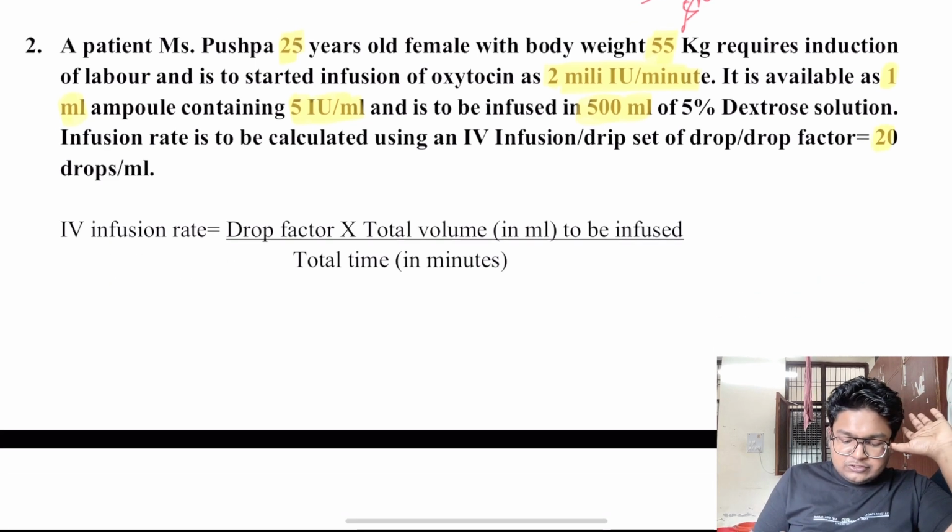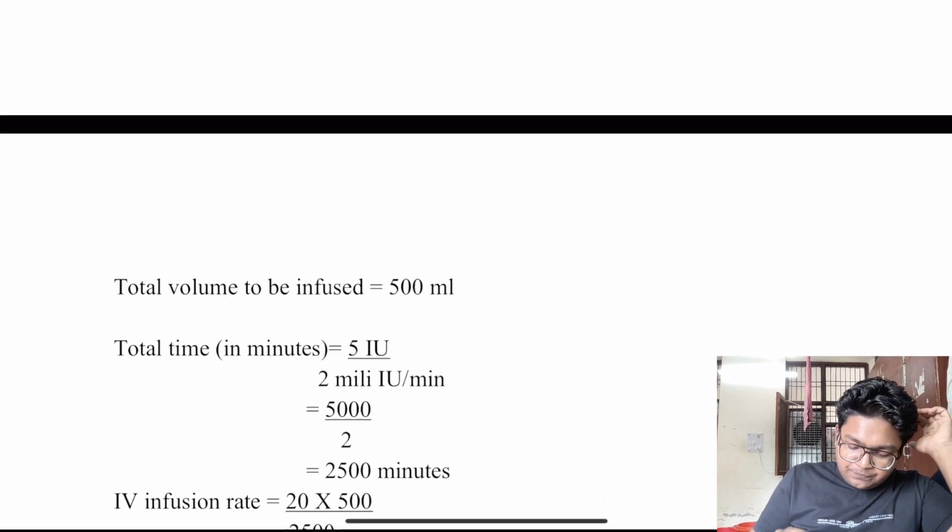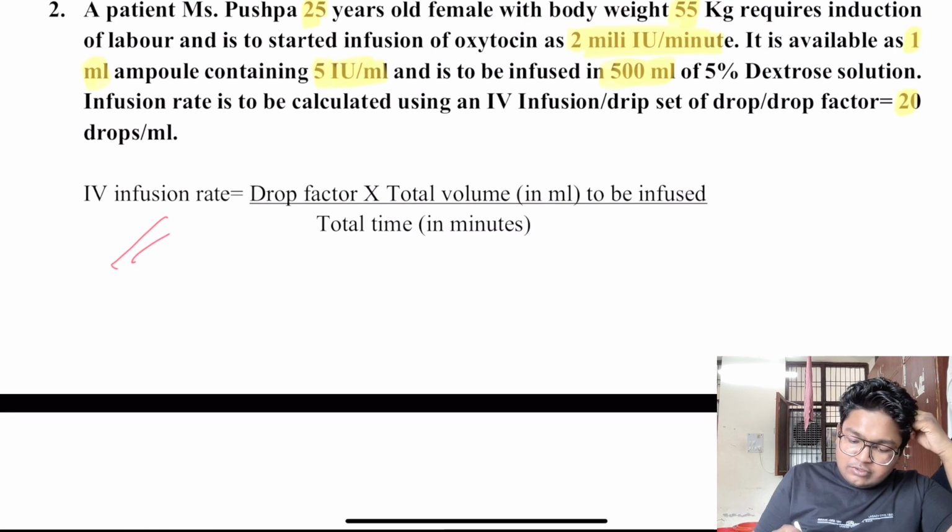Done. So let's start. We know the formula, and let us discuss that the person requires 2 milli international units per minute, and we have a 1 ml solution of 5 international units per ml.